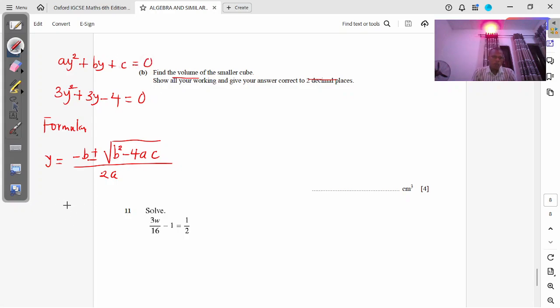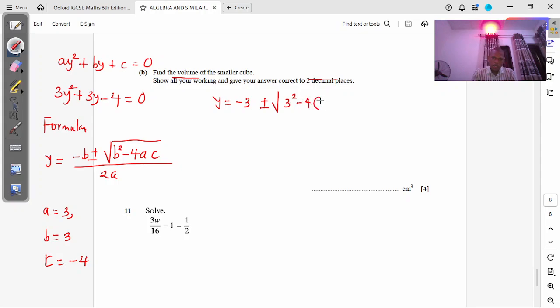So when I compare, the value of my a is 3. The value of my b is what? It's 3. The value of my c is negative 4. So this gives me y is equal to minus 3, then plus or minus square root. So my b is 3, and I have b squared, so this becomes 3 squared, minus 4.